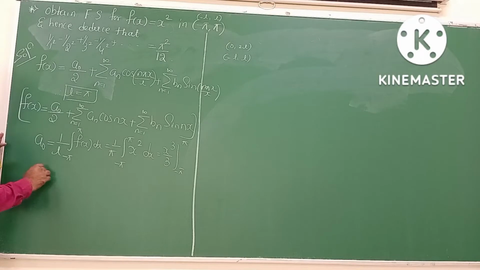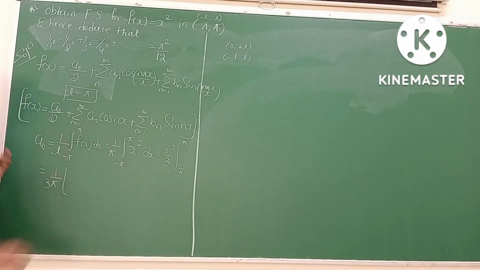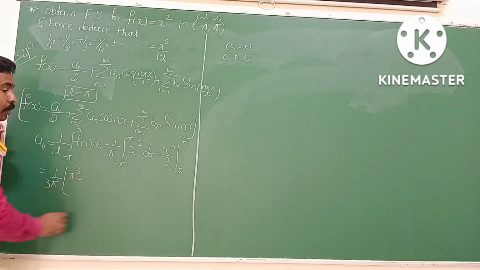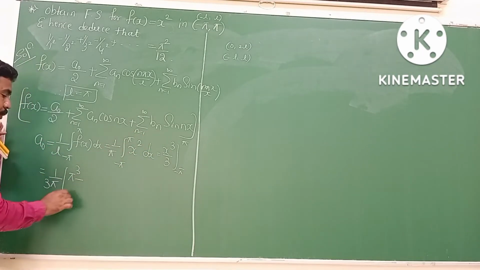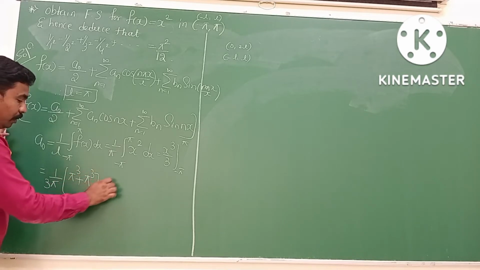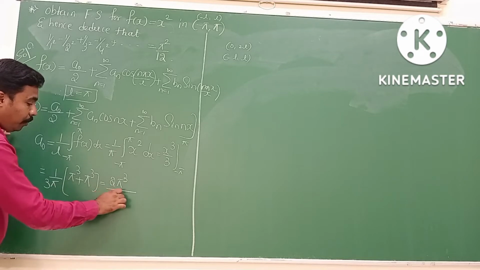So that is equal to 1 by pi, I will write as it is, and this 3 also I will write outside because it is a constant. So if I apply the limits, it becomes pi cube minus minus pi cube, and this minus becomes plus pi cube. So it becomes 2 times pi cube divided by 3 pi.